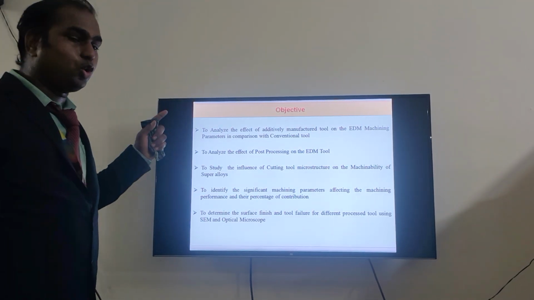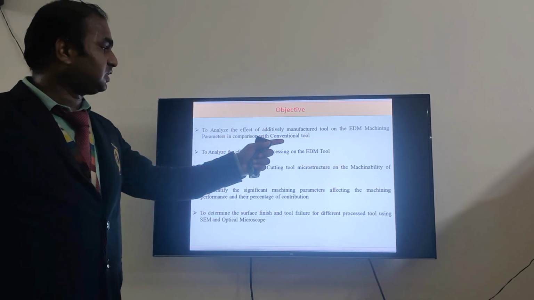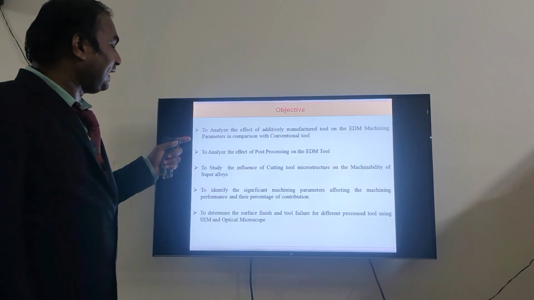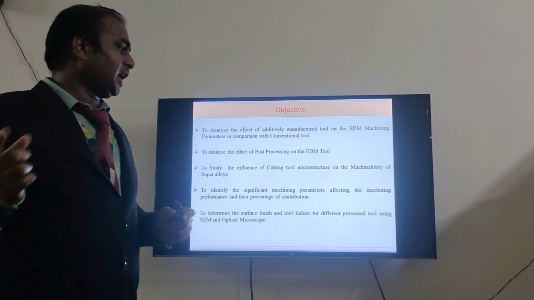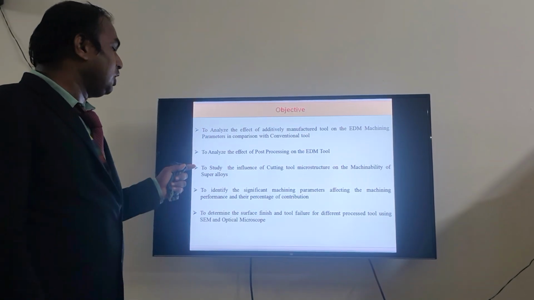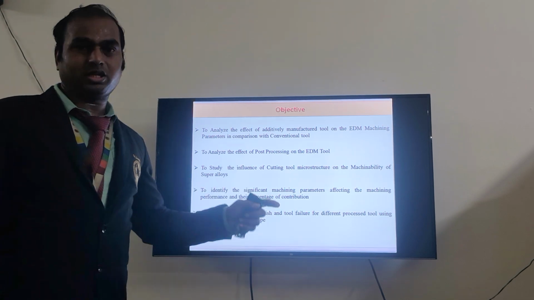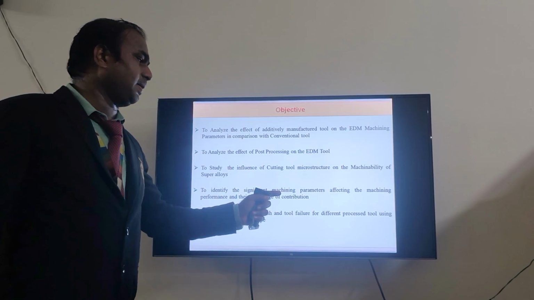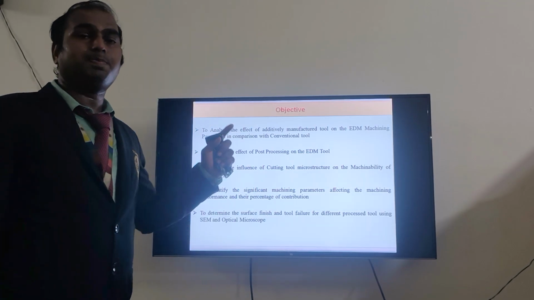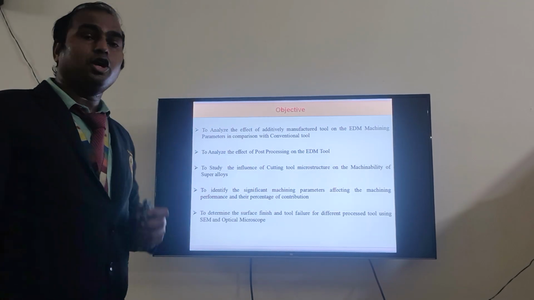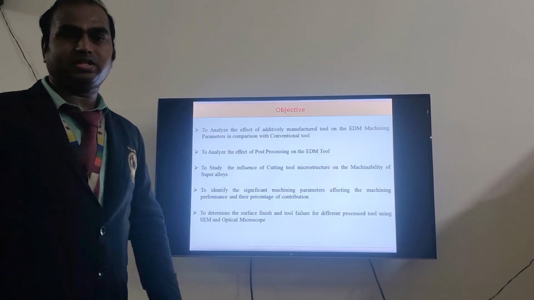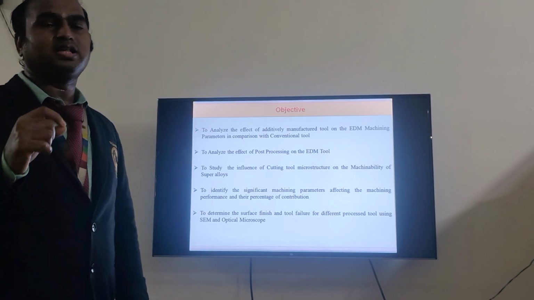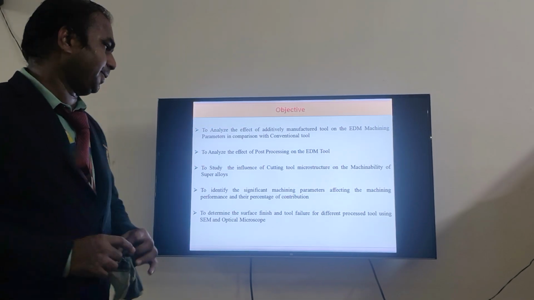The first objective is to analyze the effect of additive manufacturing on the EDM machining parameters in comparison with the conventional tool, to analyze the effect of post-processing and pre-processing of the additive manufacturing tool, to study the influence of microstructure, that is the machinability of superalloys, and to identify the significant machining parameters, that is the performance and their percentage contribution. The last one is to identify the machined surfaces, that is material removal rate, and SEM analysis using microstructure and SEM terminologies to compare the study.